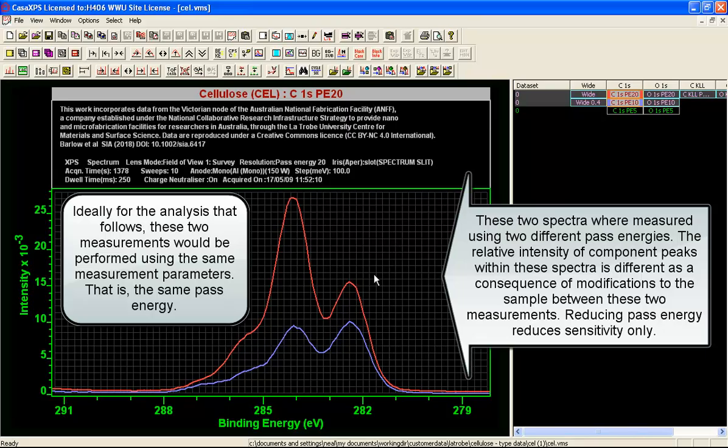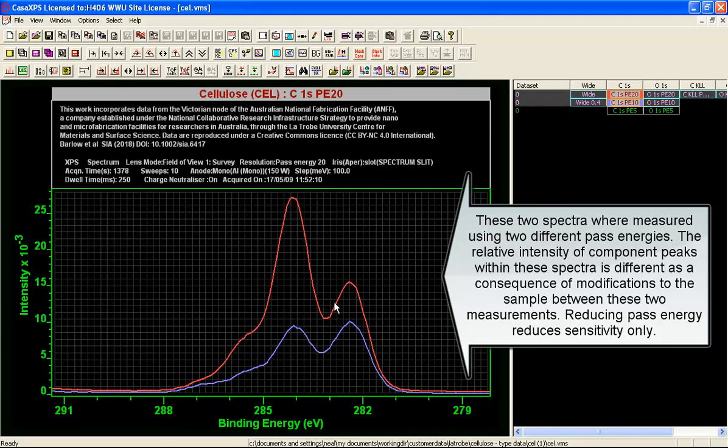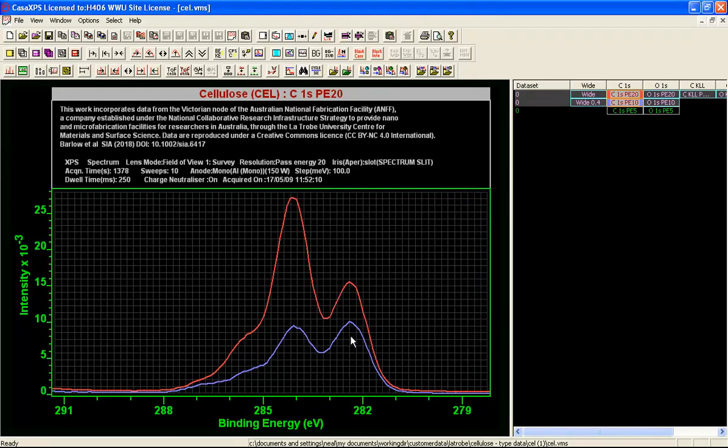So at least as a means of testing what's going on with these data and trying to understand how these envelopes are formed, we can use these envelopes from pass energy 20 and pass energy 10 and the vector method to try and understand the shapes that are contributing to the deviation from what we expect from cellulose.